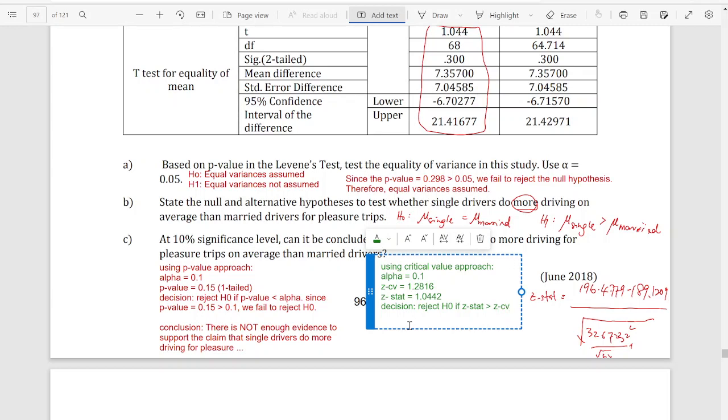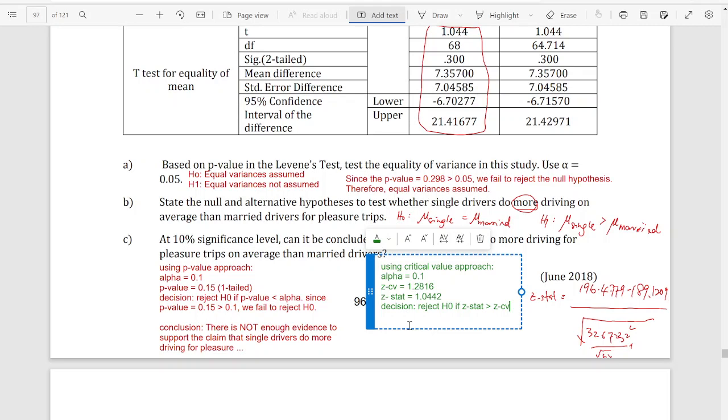So in this case, if we see that Z stat is greater than Z critical, only then can we reject the null hypothesis. Why do we look at greater than here? Because our hypothesis is in the positive, or the right tail. So our hypothesis is in the right tail.